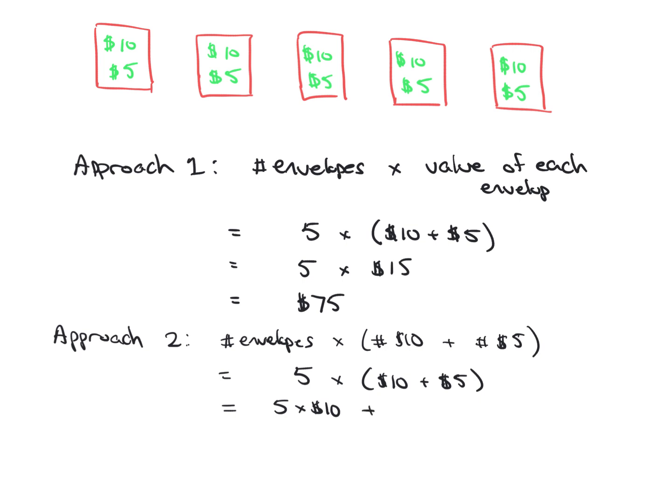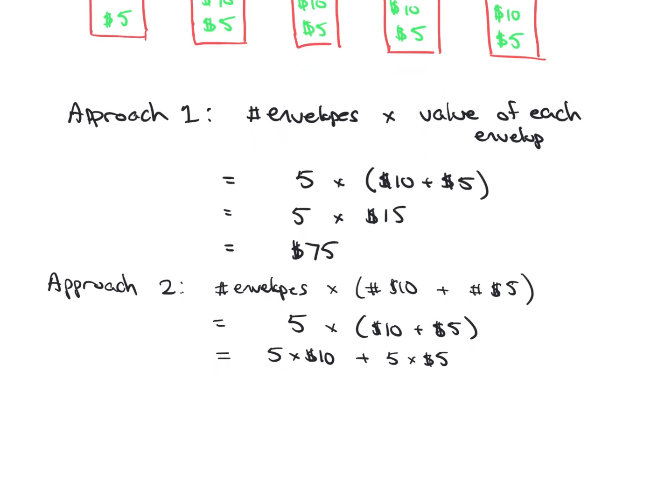And then I'm going to add it to 5 times $5 because I have 5 $5 bills. I'm going to find out how much those are each worth. So 5 $10 bills is $50. And then 5 $5 bills is $25. And when I add $50 and $25, I get $75, just like I did last time.